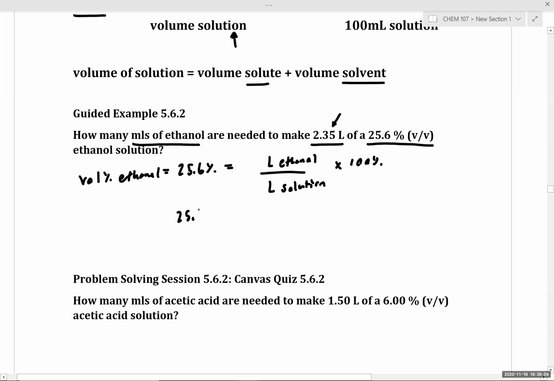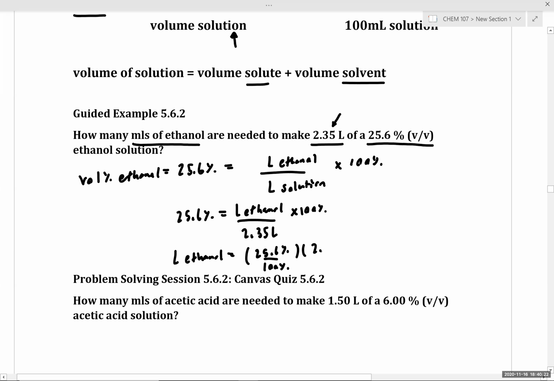That in turn gives us 25.6% is equal to the liters of ethanol over 2.35 liters times 100%. So then we get, after solving, that the liters of ethanol are equal to 25.6% over 100% times 2.35 liters, which in turn gives us 25.6 over 100 times 2.35, which gives us 0.6016 liters.